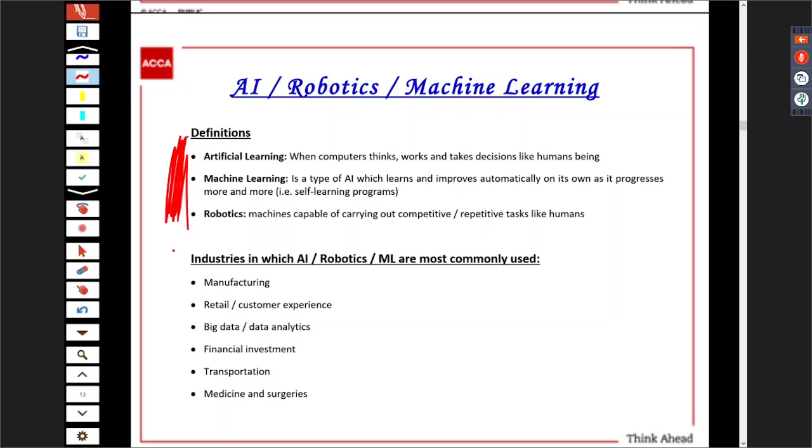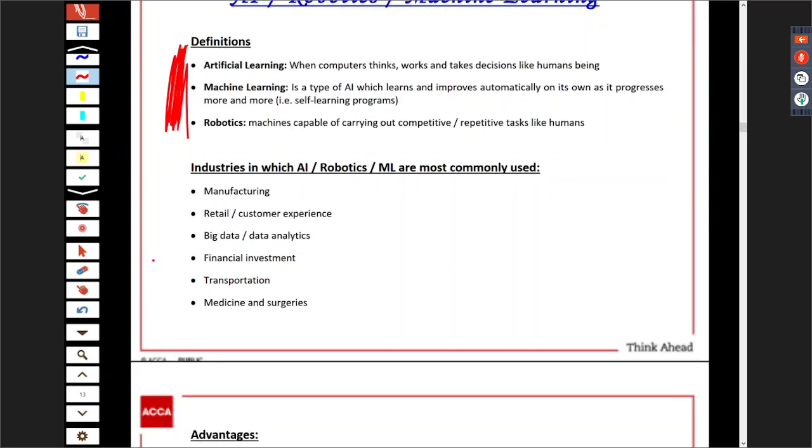Now you will see that a lot of industries are now using or moving towards artificial intelligence, robotics, machine learning. Manufacturing industry. Whenever there are complex manufacturings like automobile and very complicated parts for IT industries, those are all done by robotics.